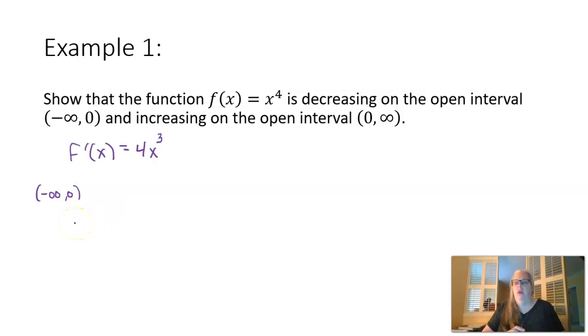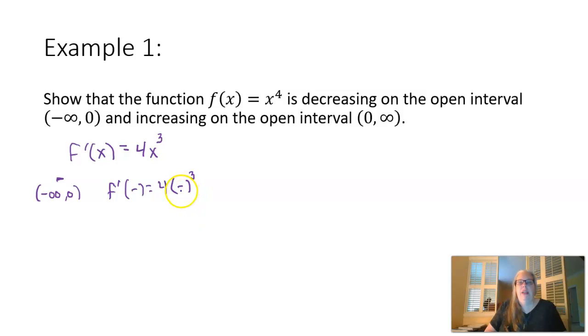Now, first let's consider the interval going from negative infinity to 0. Without picking out any number in particular, we know that all of the numbers inside this interval are negative numbers, because anything to the left of 0 is negative. If we consider f prime of some negative number, we're going to have 4 times a negative number to the third power.